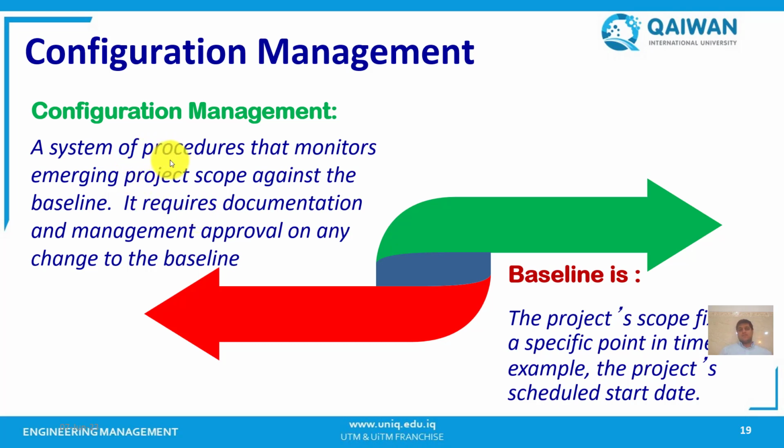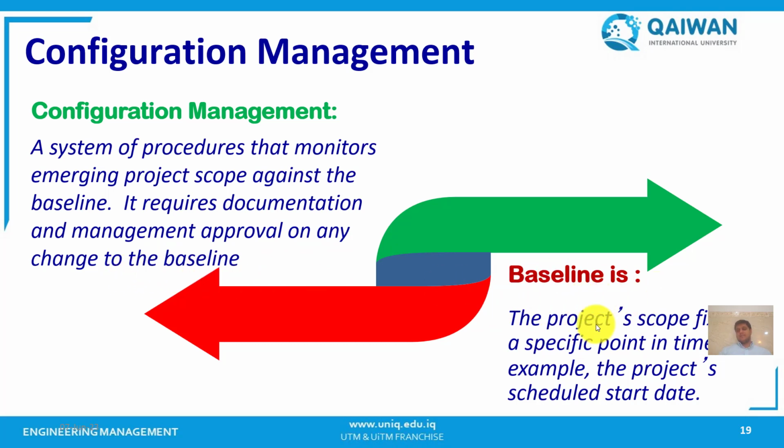Configuration management, we can say, is a system of procedures that monitors emerging project scope against the baseline. The baseline means what we have planned for. It requires documentation and management approval on any change to the baseline.